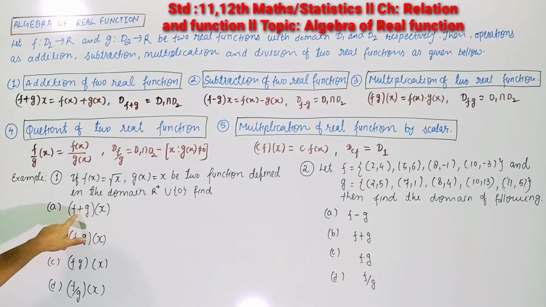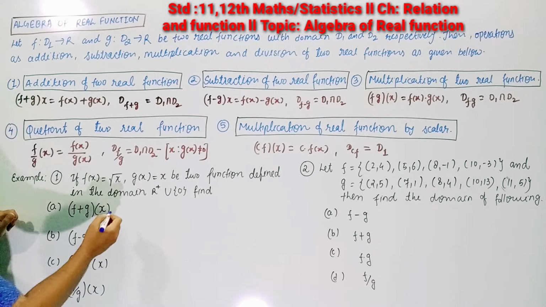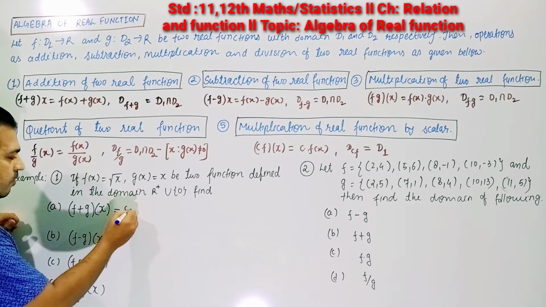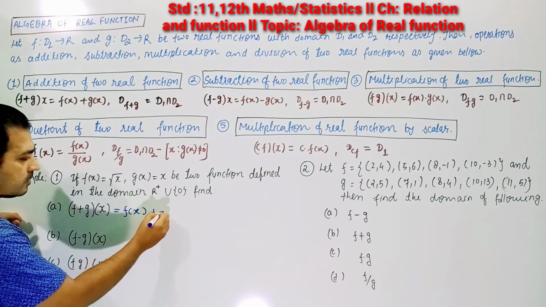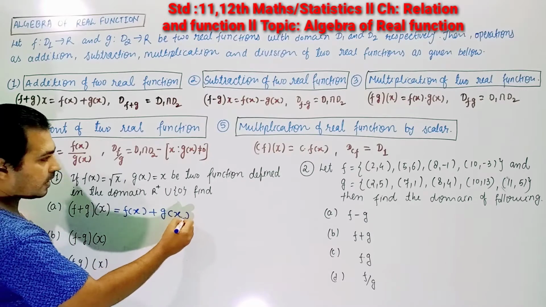So how can we define f plus g of x? Earlier we have seen f plus g of x, so we can write f of x plus g of x.